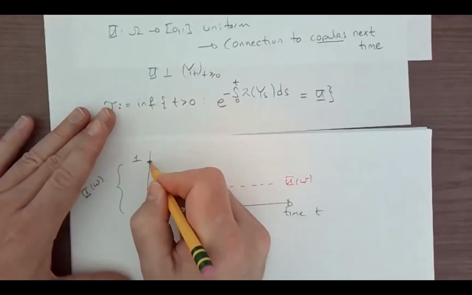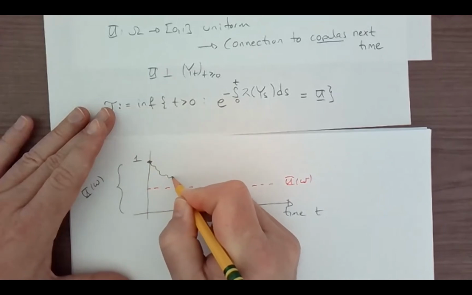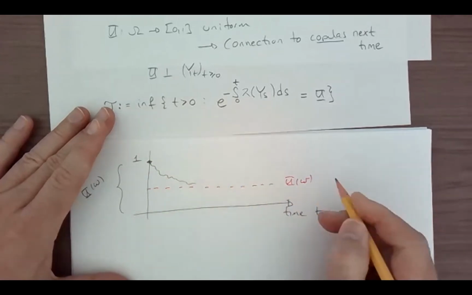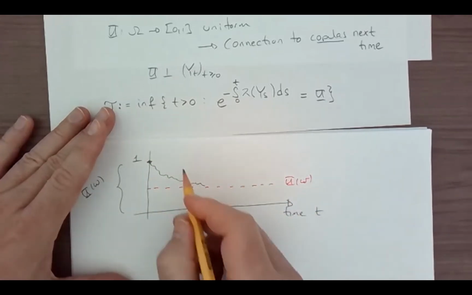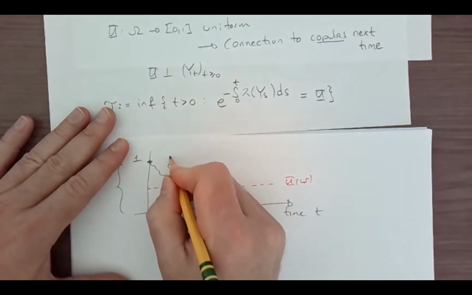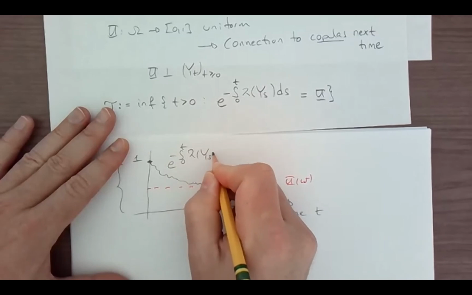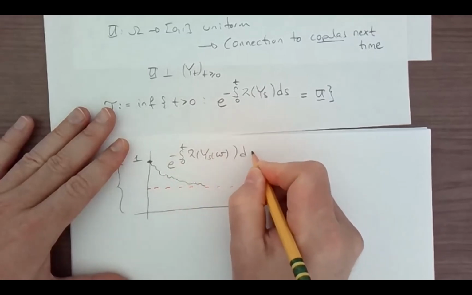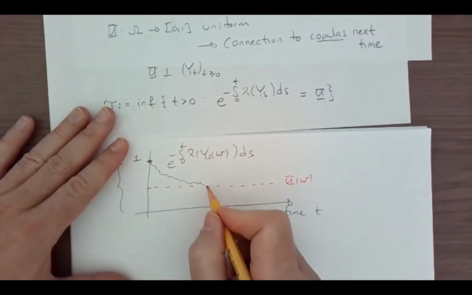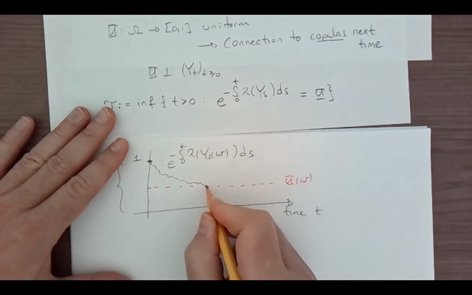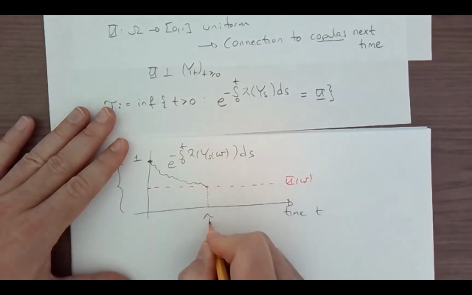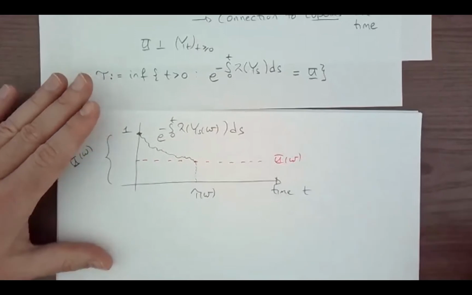So we have a process here that starts out at 1, and then it goes on. This is my e to the minus an integral of lambda of Y_s of omega ds. The first time it touches U is going to be my tau of omega.